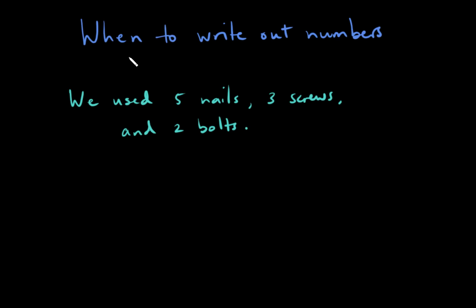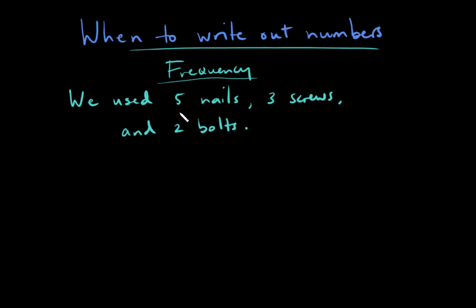Okay, so 2 more rules to review for when to write out numbers. The first of these has to do with frequency: how many numbers are you using in one sentence? You can see here that we've used quite a few numbers, and we've left them in numeric form because there are so many of them. Even though these are fairly easy to write out, right? Doesn't take much to write out 5.